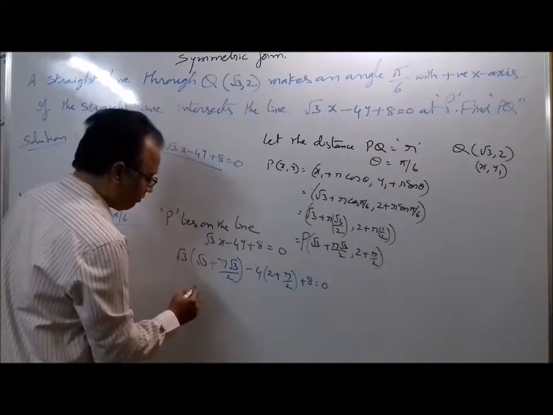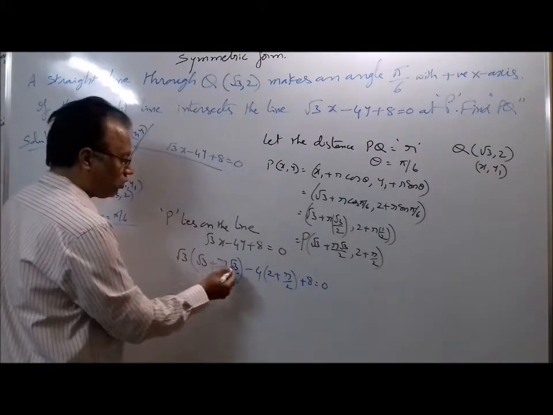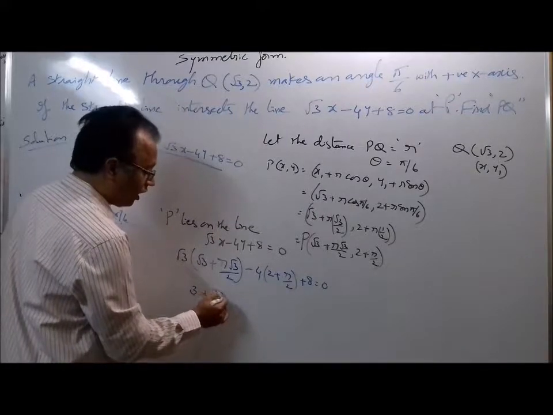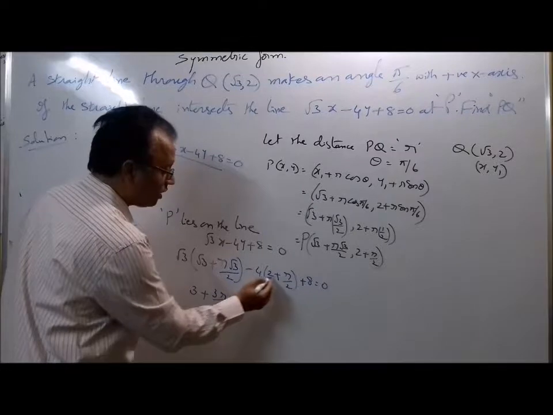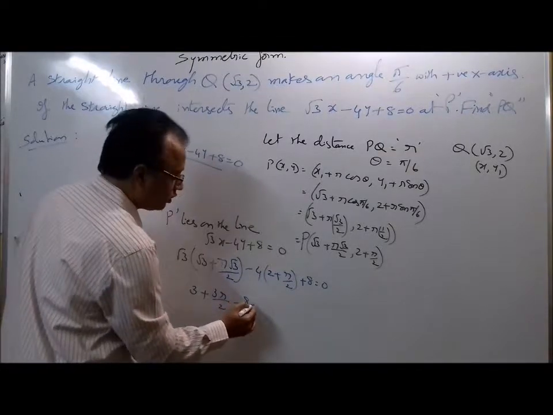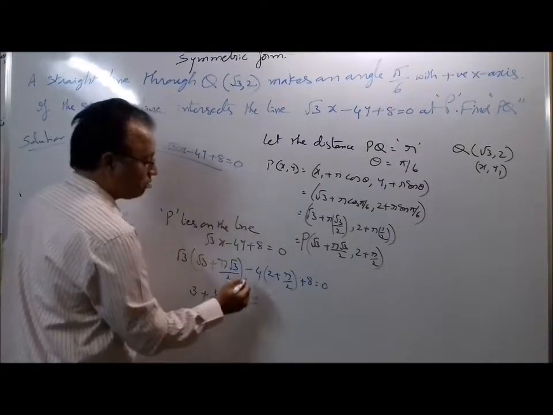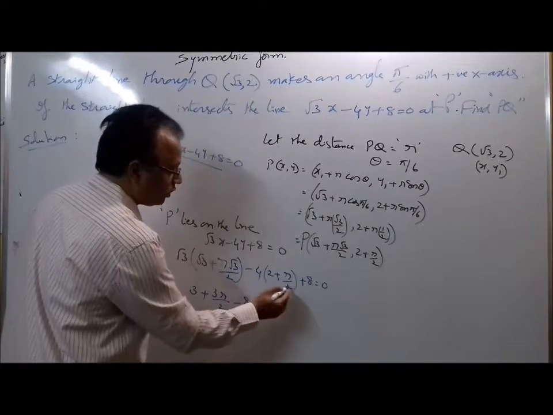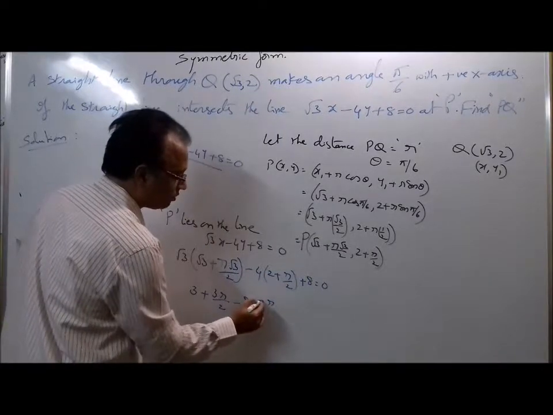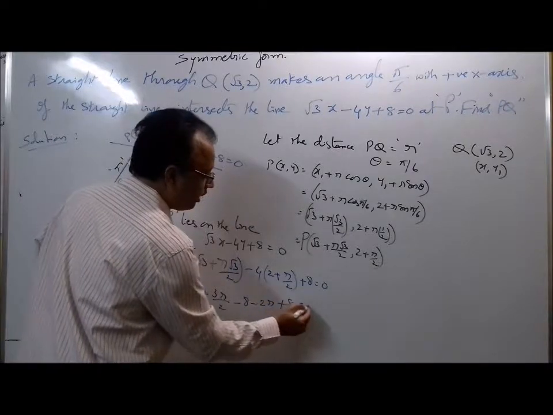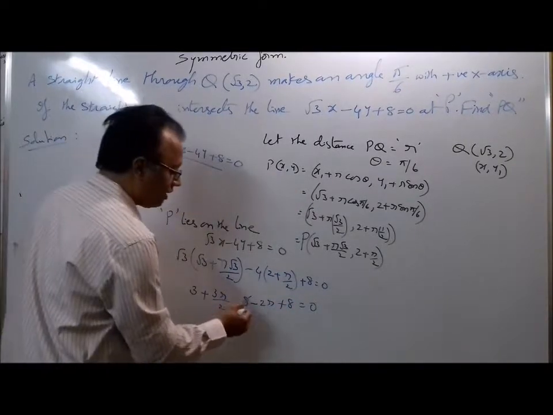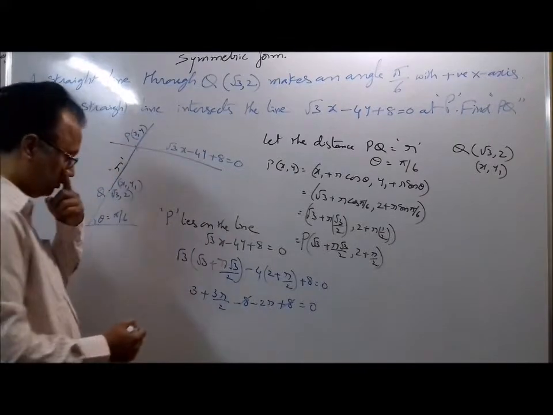Root 3 into root 3, 3, plus r root 3 into root 3, 3r by 2, minus 4 twos are 8. Minus into plus, minus 4 into r by 2 means 2r. Plus 8 equal to 0. So minus 8 plus 8 will cancel.